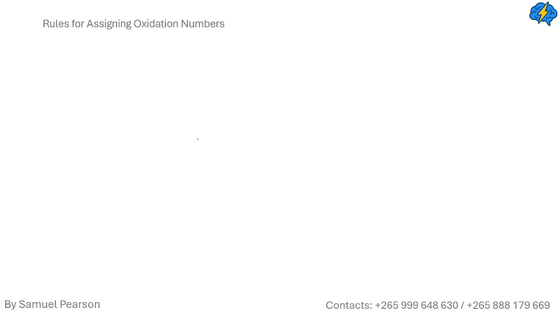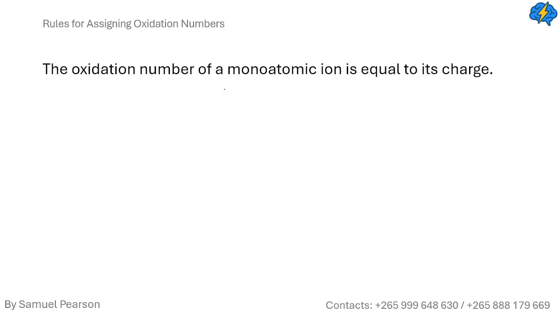Rule number 2, the oxidation number of a monoatomic ion is equal to its charge. So we have a number of monoatomic ions. For instance, we have sodium ion. The charge for sodium ion is positive, so the oxidation number of sodium ion is +1.